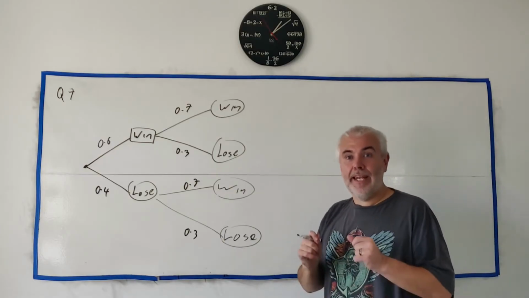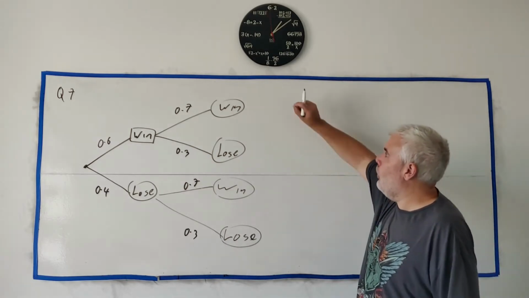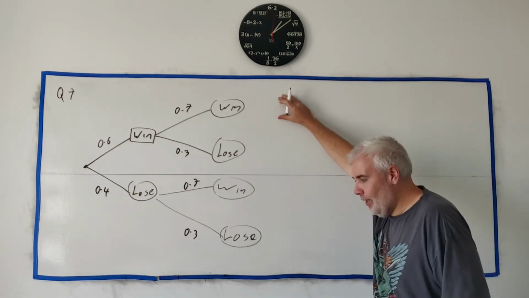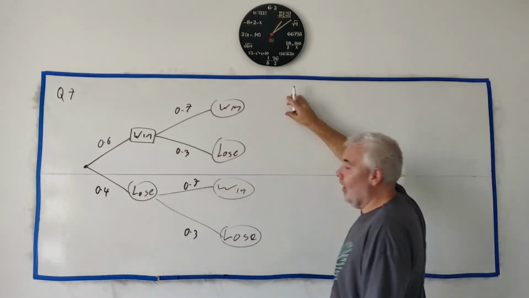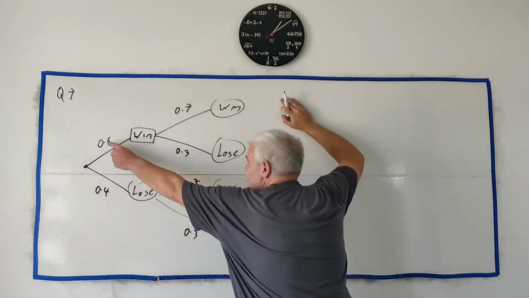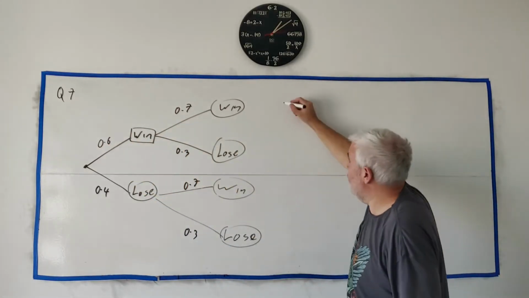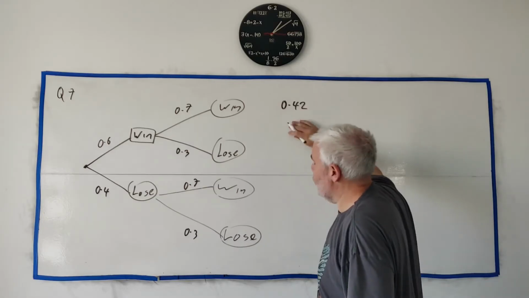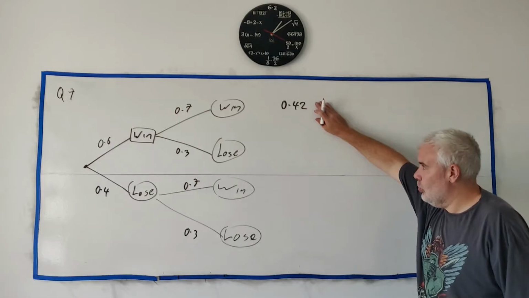Okay, the next thing to do is to put these numbers together. Down here, we're going to write the probability of both of these things happening. The probability of win-win happening is 0.6 multiplied by 0.7. And they've done it for us here, 0.42. Put in a calculator, 0.7 multiplied by 0.6 does get that.